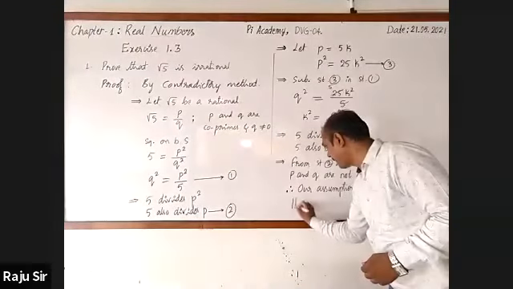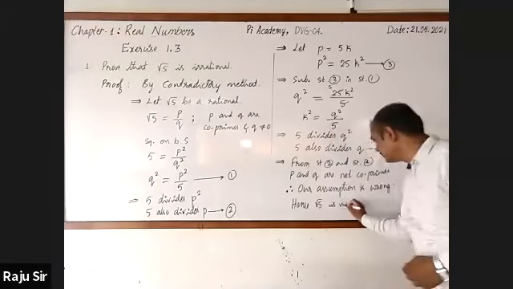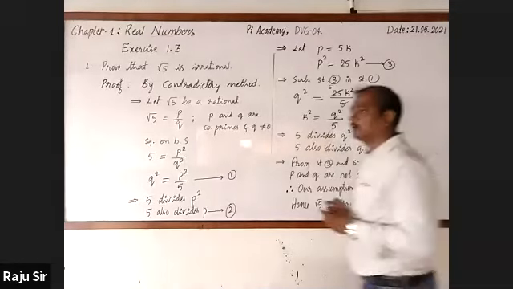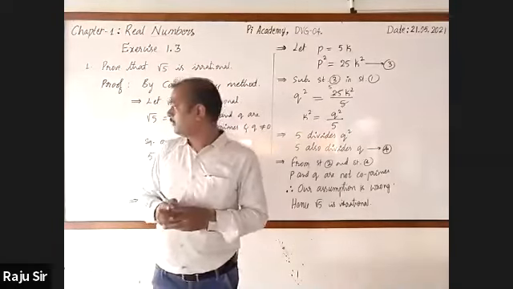Hence, root 5 is irrational. Or else, root 5 is an irrational number.